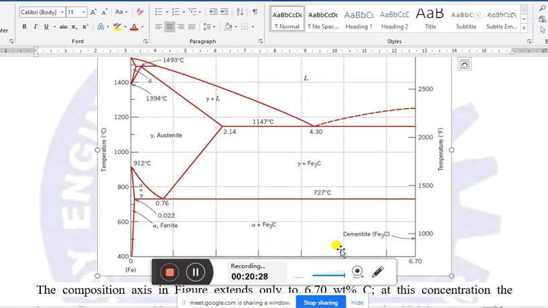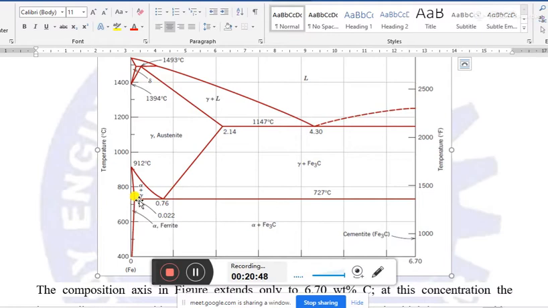This is called cementite, ferrite, austenite, and this is called cementite, where alpha iron or ferrite iron and iron carbide mixture is there.